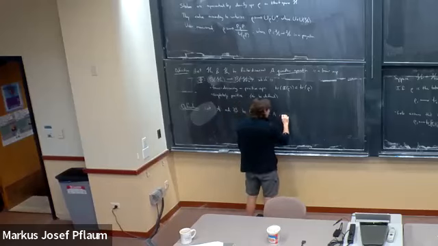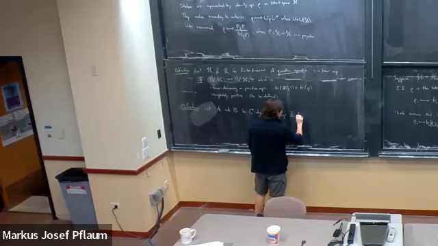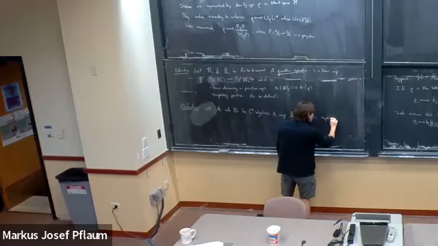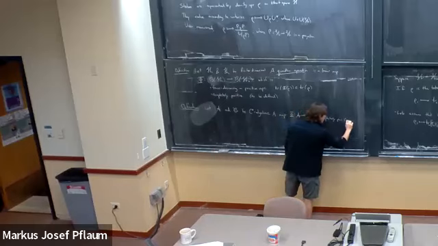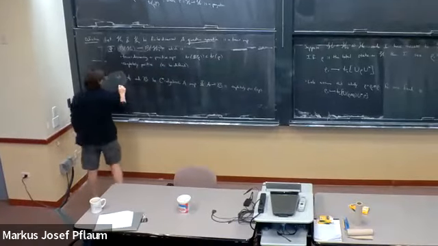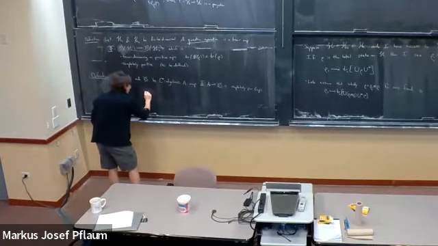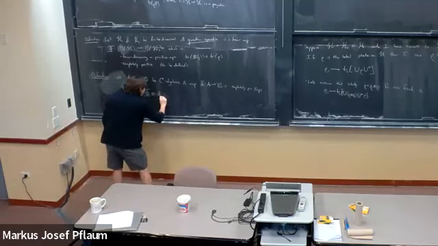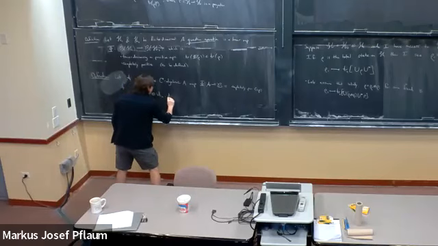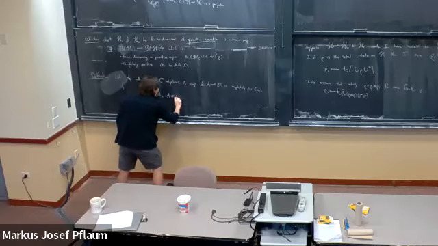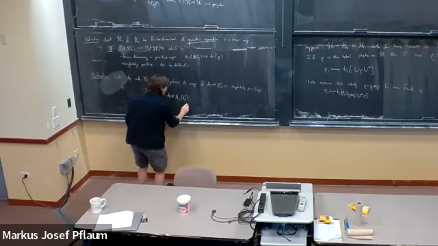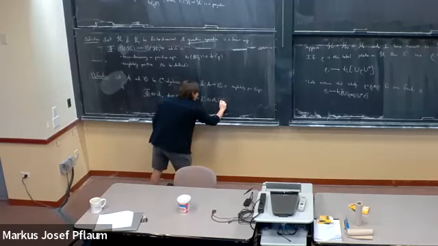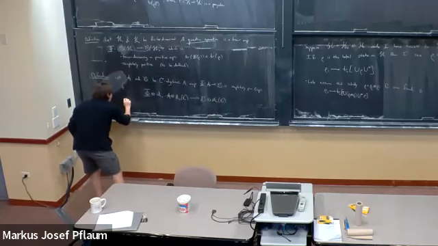So a map phi from A to B is completely positive, or just CP, if the following map, the tensor product of phi with the identity map, so this is now a map from the tensor product of A and M_n(C), the n by n matrix algebra, to B tensor M_n(C), I want to require that this map is positive.